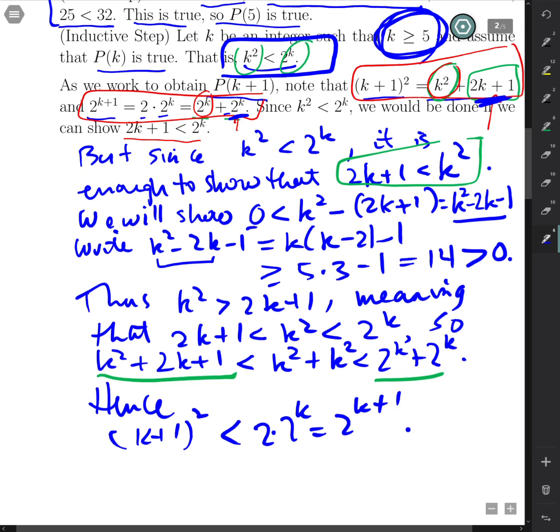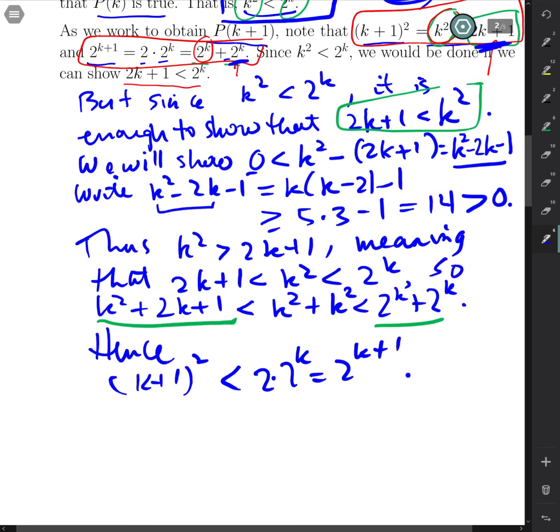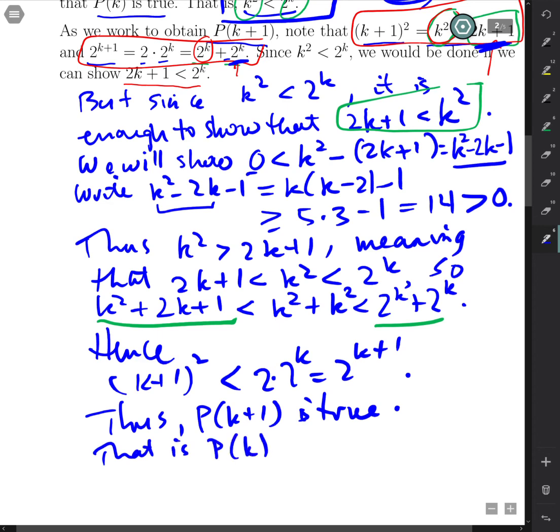Okay, so there we can conclude, thus, P of k plus 1 is true, and that is, P of k implies P of k plus 1 as long as k is greater than or equal to 5.